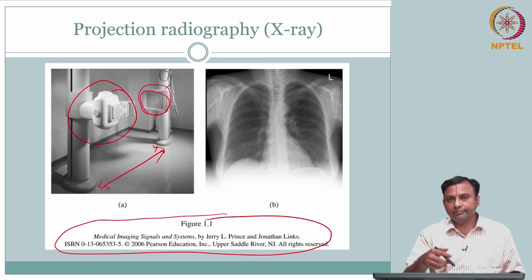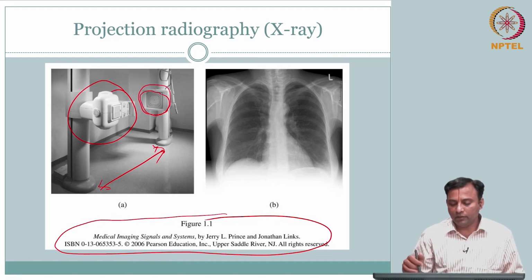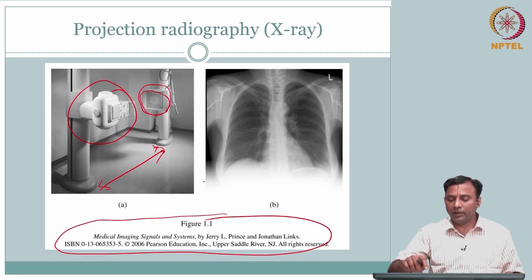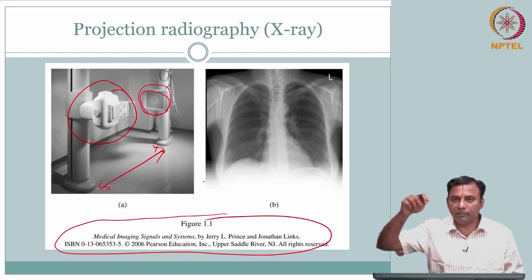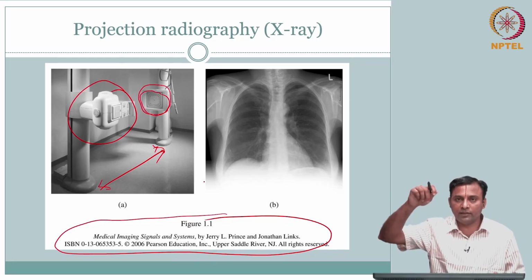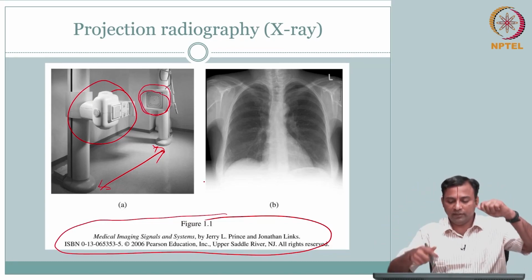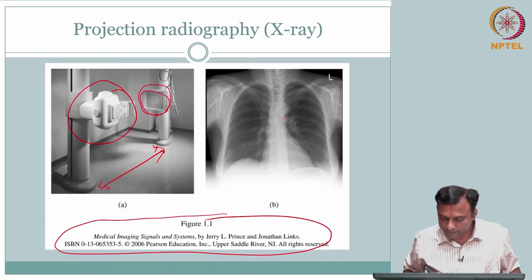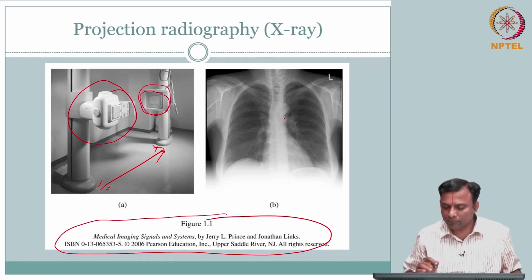And then of course they do the development and you get a typical image. Nowadays it's digital radiography, but I am sure you would have seen several places a film, right? The doctors keep it under light illumination and see it, like how you see here. So this is something that you are familiar with.